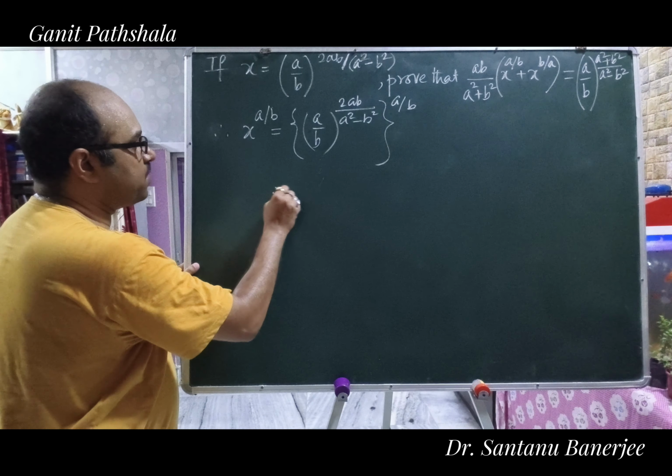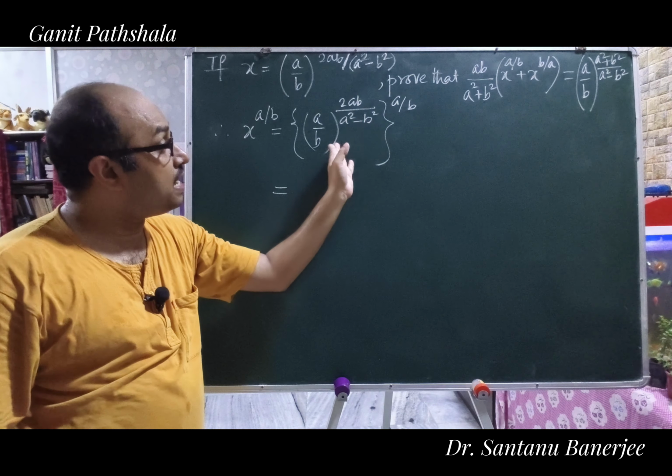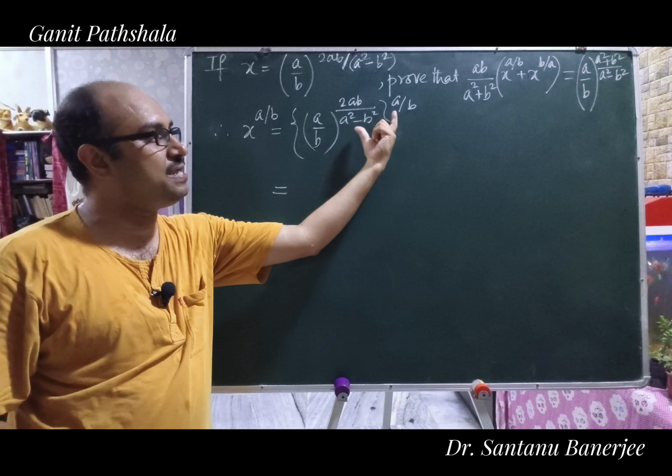Okay, the next line, you have (a by b) whole to the power this, again to the power a by b, so you have to multiply these two.